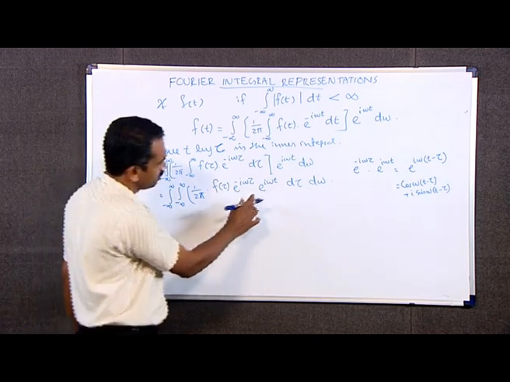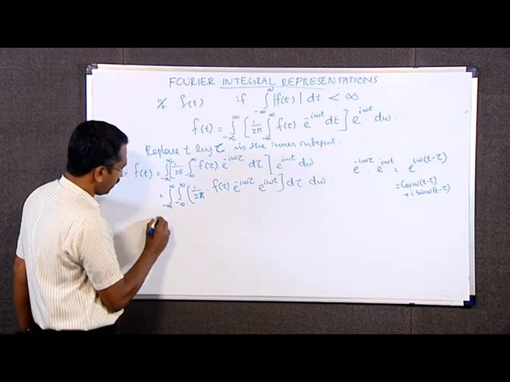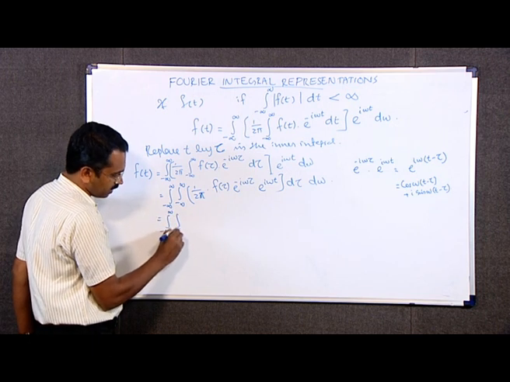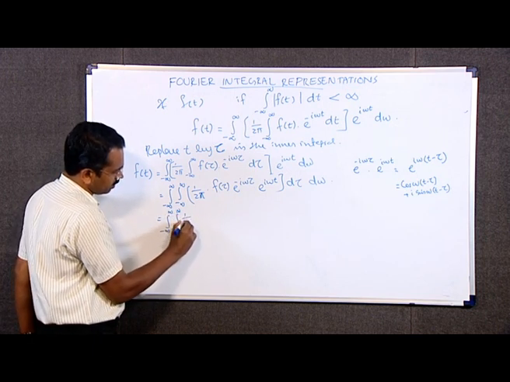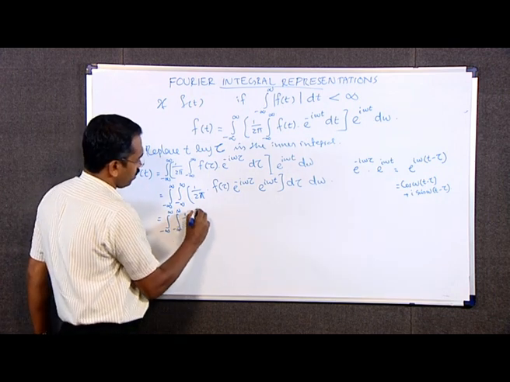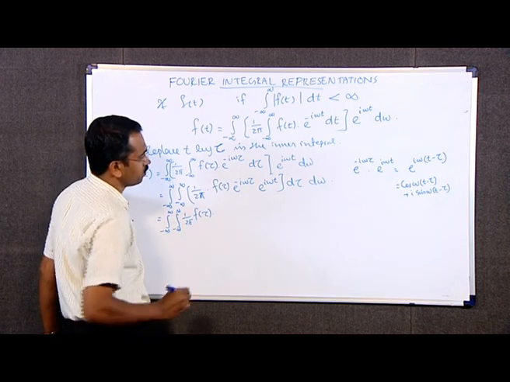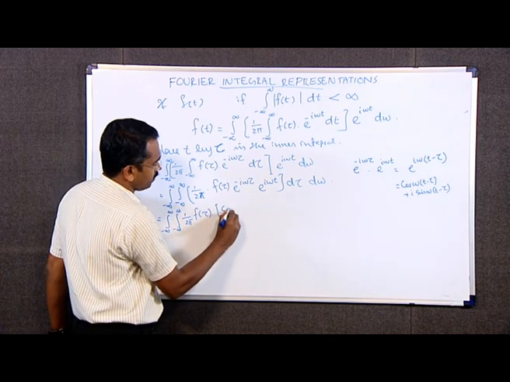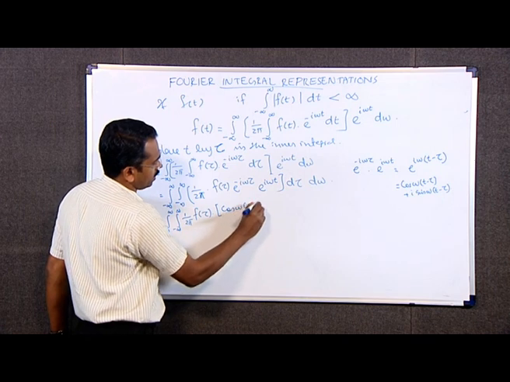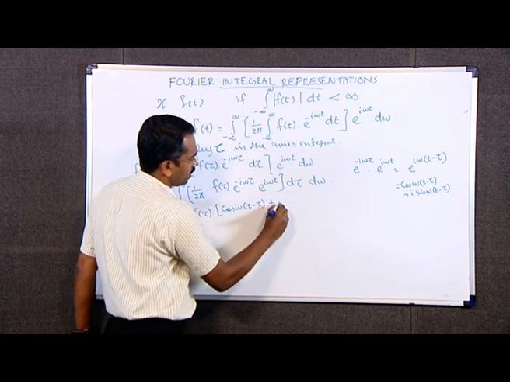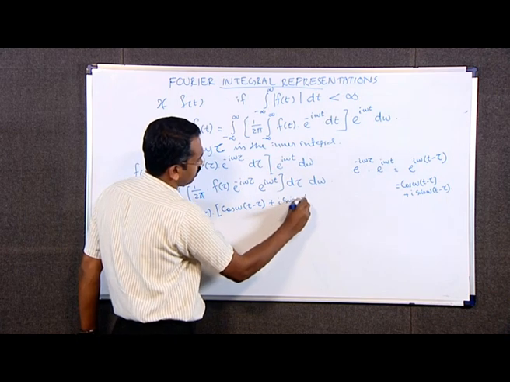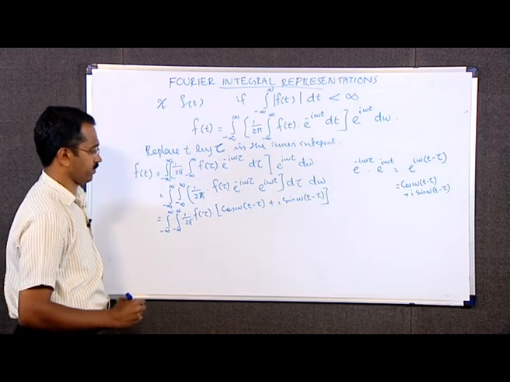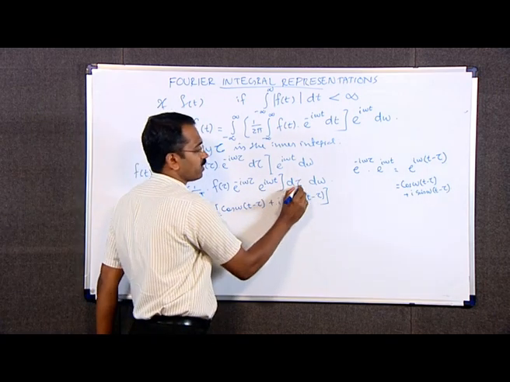Therefore, we can write this as the double integral from minus infinity to infinity of 1 by 2 pi f of tau into cos omega into t minus tau plus i into sin omega into t minus tau, d tau d omega.